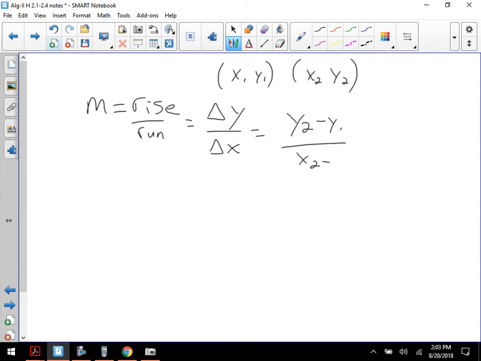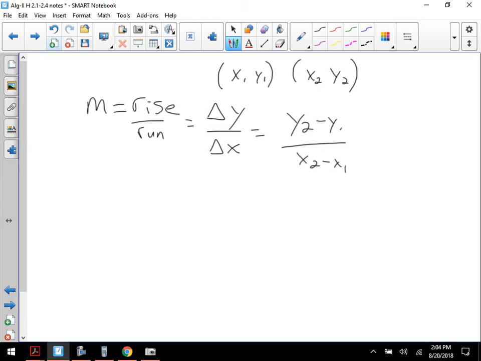I think this is where you were getting that change part, where you were getting the rate of change, the difference between the two objects.